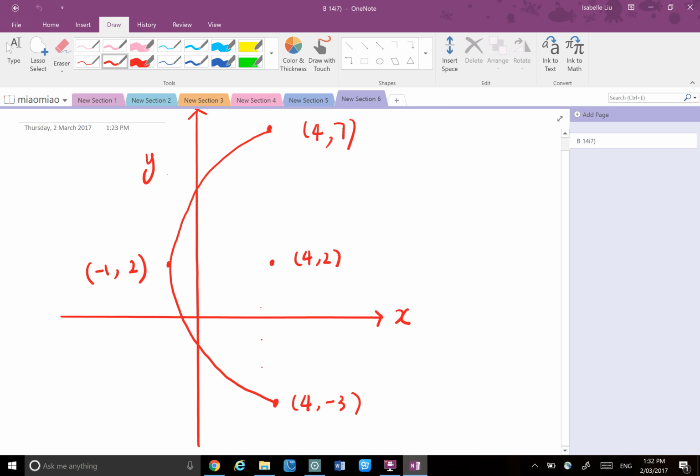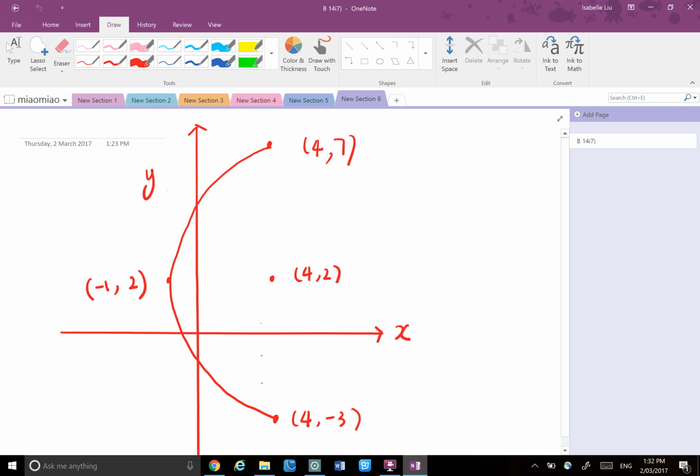Find the equation for this half circle. Okay, work on this.